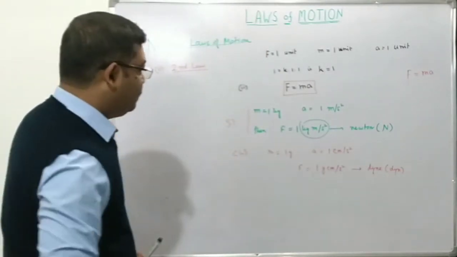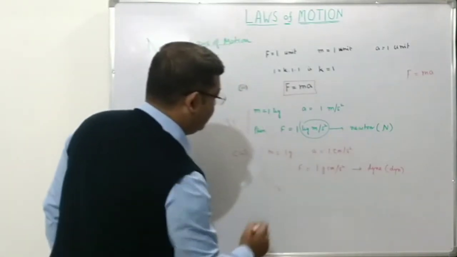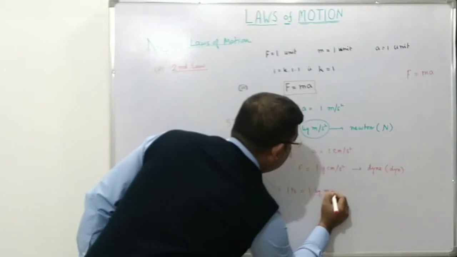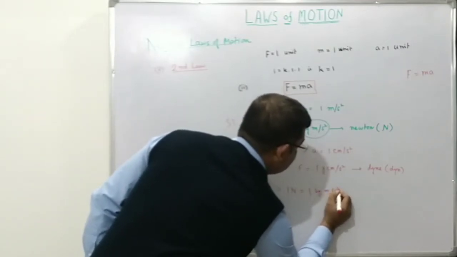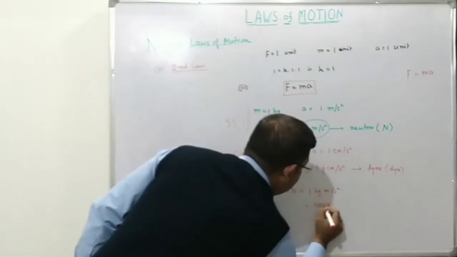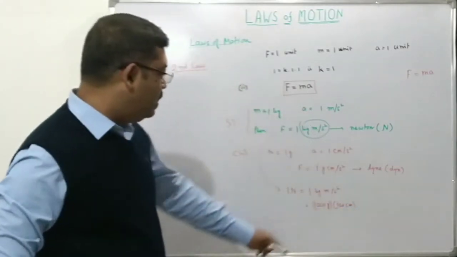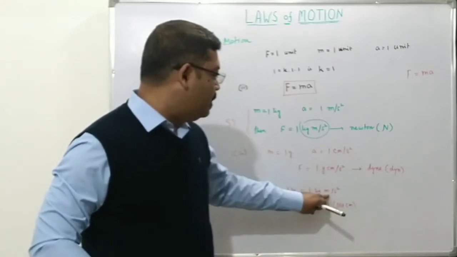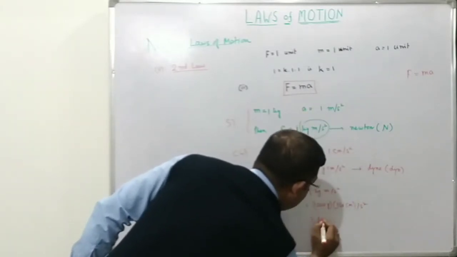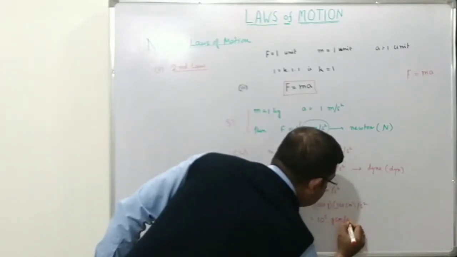Fine. Now, if I take this equation, 1 Newton of force equal to 1 kg meter per second square, which is equal to 1000 gram into 100 centimeter, because 1 kg is 1000 grams and 1 meter is 100 centimeter, per second square, or we have 10 to the power 5, 3 plus 2, 5, gram centimeter per second square.